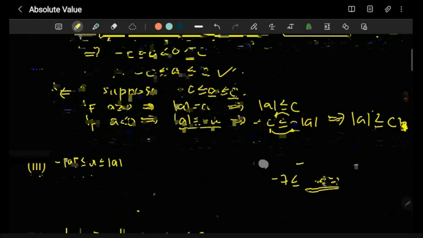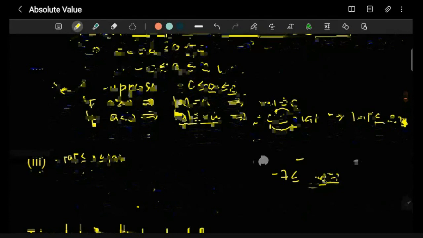So ipapalit mo ng absolute value ng A yung C. O di anong ibig sabihin nun? Ibig sabihin nun, A is between negative absolute value of A and absolute value of A. Bakit pwede mong gamitin yon? Kasi ang requirement lang naman sa C, C must be greater than or equal to 0. Ang absolute value of A, that's greater than or equal to 0. So you can use that instead of C.